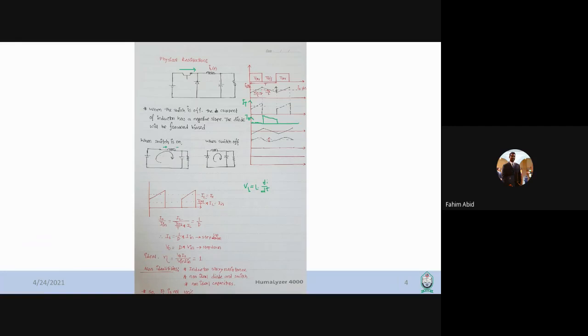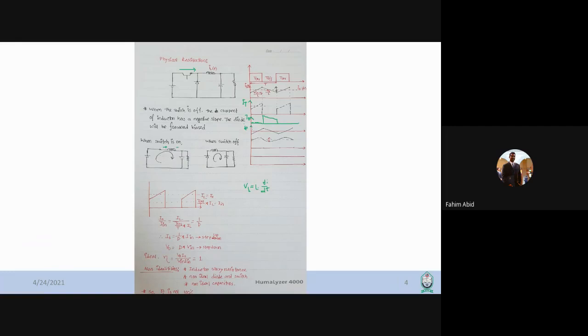As this switching is done at a very high frequency, this capacitor will basically act like a short circuit, or the impedance across this capacitor will be much lower at high frequency compared to the resistance. So most of this ripple, or delta IL, will flow through the capacitor.